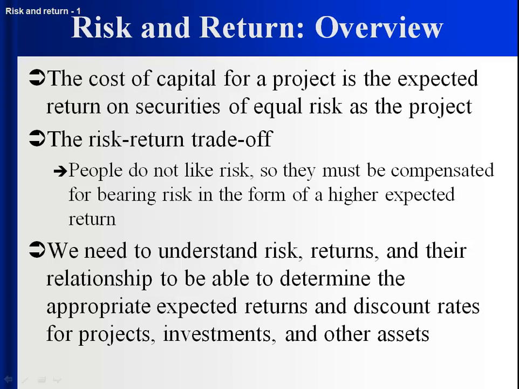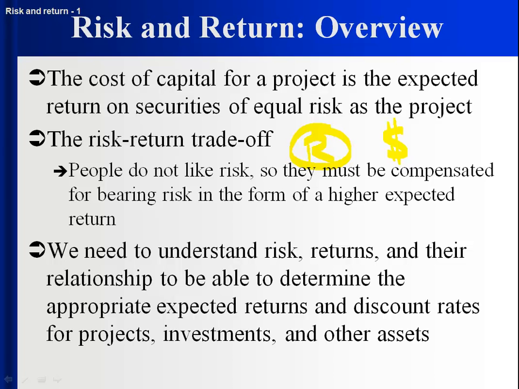The cost of capital for a project, as it says here, is the expected return on securities of equal risk as the project. So when we're trying to get the cost of capital, which is the discount rate that we use when we find NPV, you can think about it. The firm's got some cash that they can put into a project, and that project has a certain level of risk.